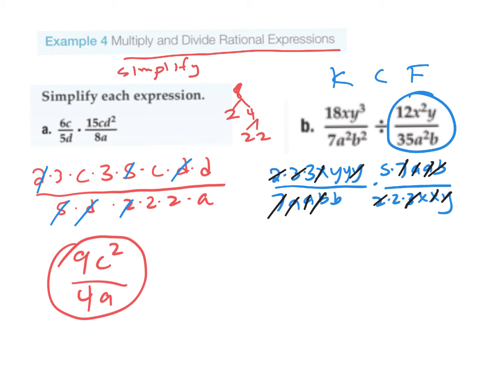There's no other 2's. And an X. There's nothing else. So I end up with multiplying. I have y squared times 5. So 5y squared on the top. On the bottom, I have a B and a 2 and an X. So 2bx. And there's my answer simplified. The only thing different was I had to keep, change, flip before I can simplify.